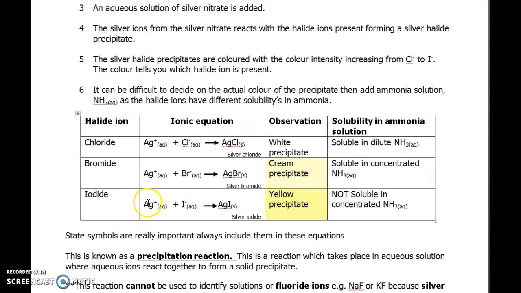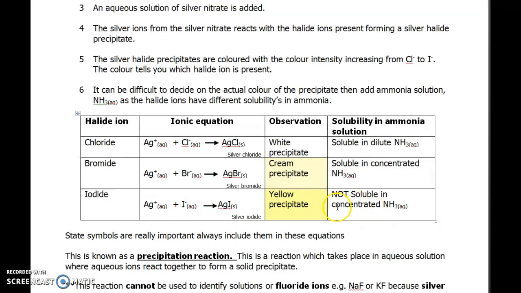Iodide ions, a little easier to spot. The silver ions plus the iodide ions will give you solid silver iodide. This is a yellow precipitate. It doesn't matter how much concentrated ammonia you throw at this, it will not dissolve.